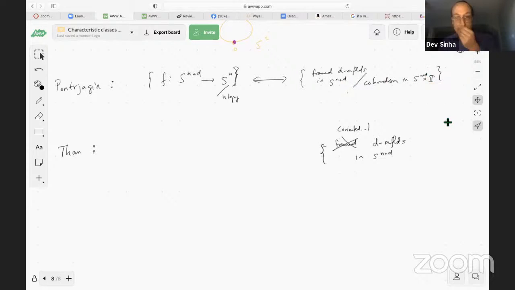That's where everything's happening, in S^{n+D}. So I'm going to look at D manifolds in S^{n+D}, forget about the framing, and then look at them up to cobordism in S^{n+D} cross I.